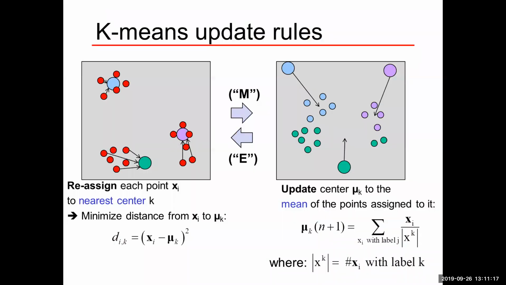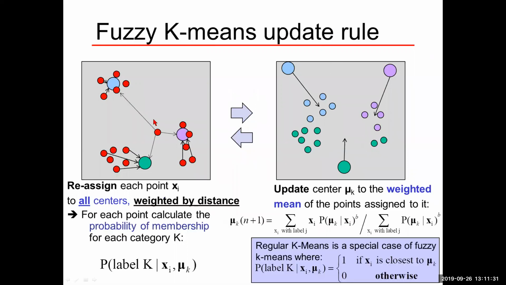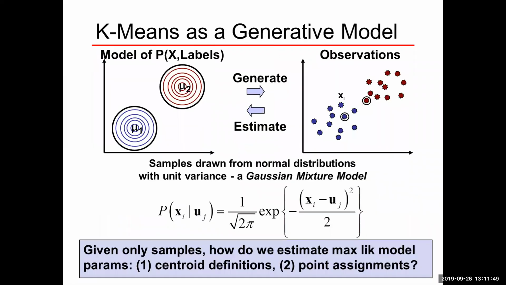We saw how we can do unsupervised learning with clustering. First by k-means, where you have a set of centers which you keep pushing to the right middle of the points assigned to them, and a bunch of points that you keep assigning to the nearest center. And then we saw the fuzzy k-means version, where every point is probabilistically assigned to all of the centers, with a probability scaled by the likelihood that that point was sampled from that probability distribution.